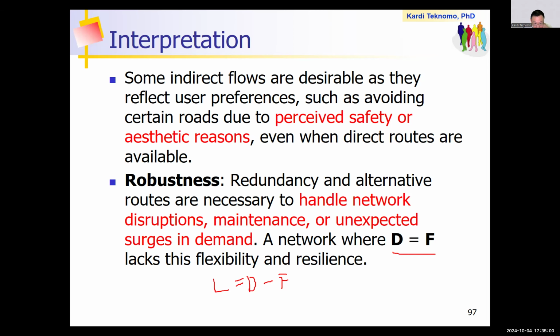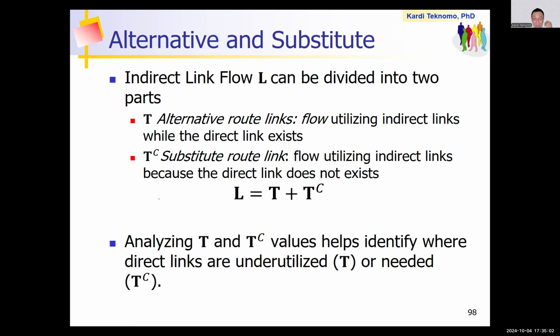So now when the indirect flow exists, we can divide it into two parts. L is the indirect flow. Let's call T the alternative route link flow. This utilizes indirect links while the direct link exists.